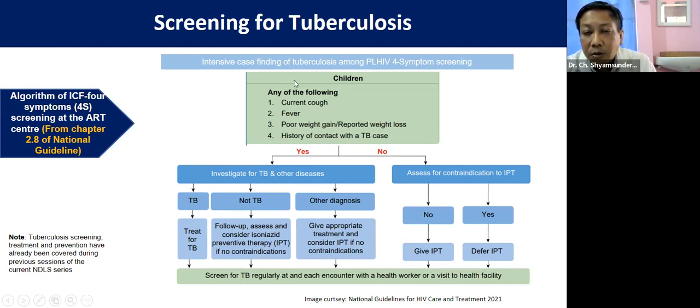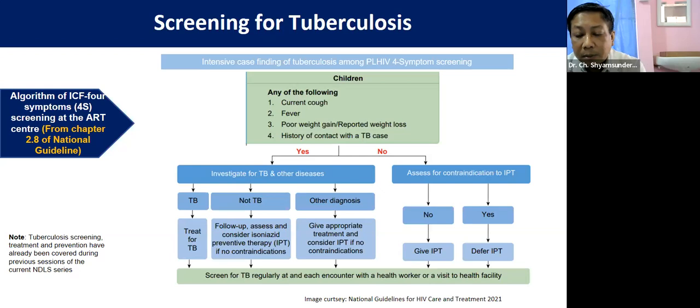So current cough may be due to pneumonia. When these symptoms are not present, assess for contraindication to IPT. If there is no contraindication to IPT, give IPT. If there is any contraindication, defer IPT. Screen for tuberculosis regularly at each encounter with a healthcare worker or a visit to a health facility.